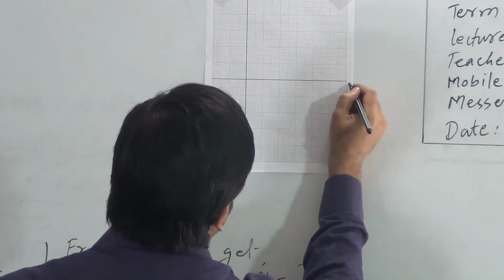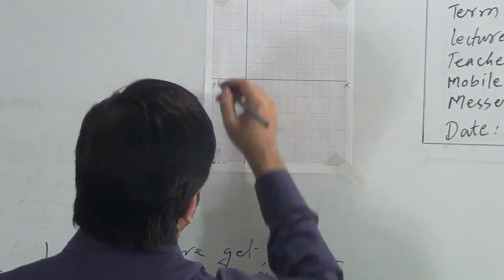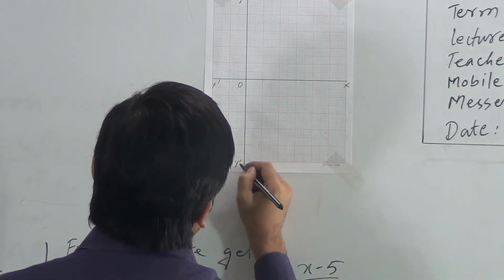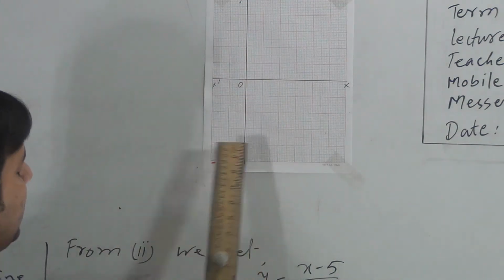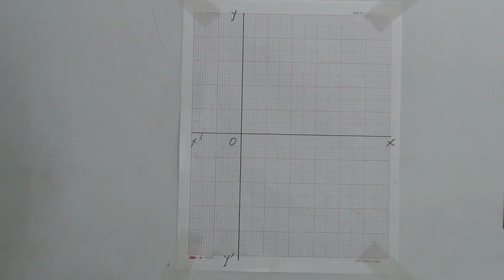Suppose this is x, O, x dash. This means x-axis, and y, O, y dash is another axis. These 2 axes intersect each other at O, at the origin.